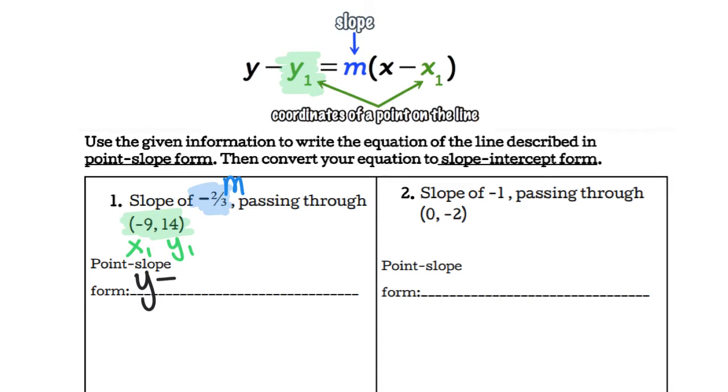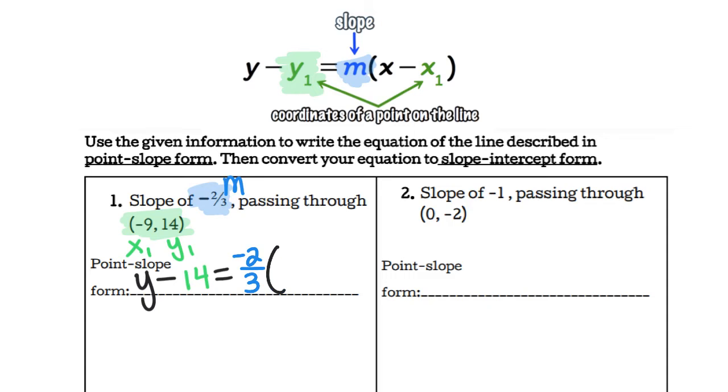And in the first example, that's 14. So my equation starts off with y minus 14. And then we're going to set that equal to our slope, that m value. In this example, my slope is negative 2/3.